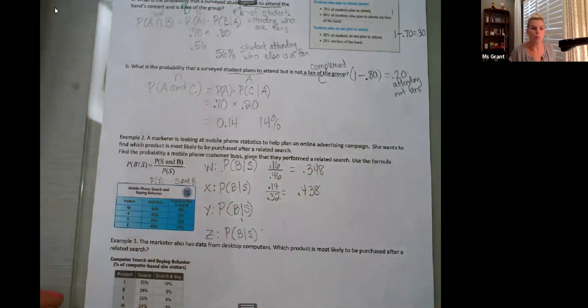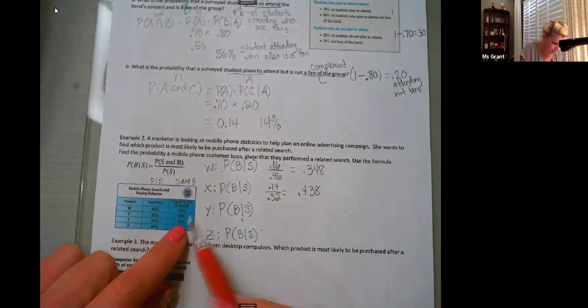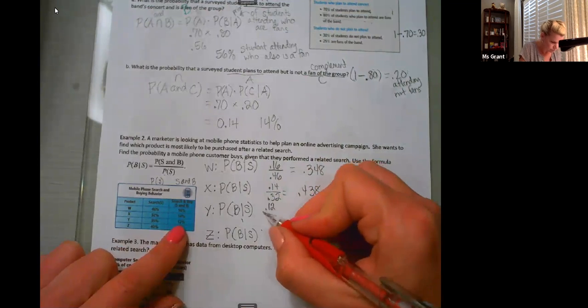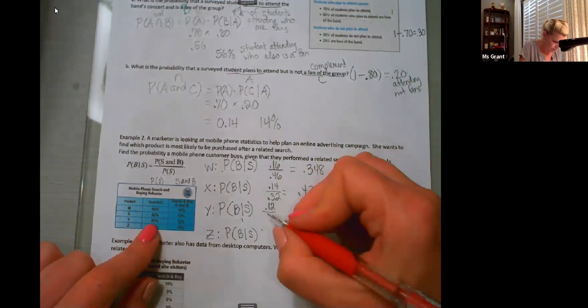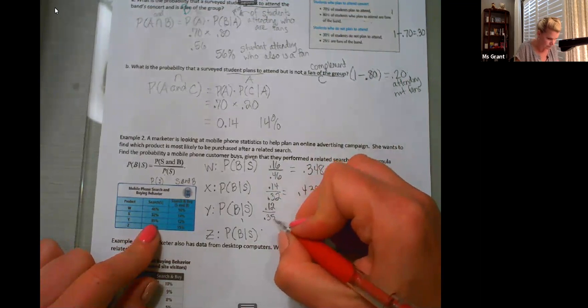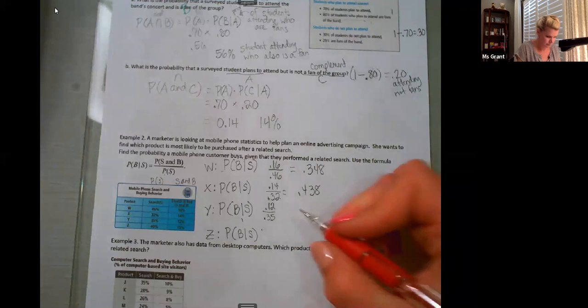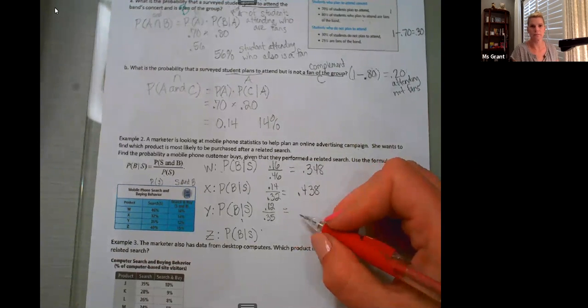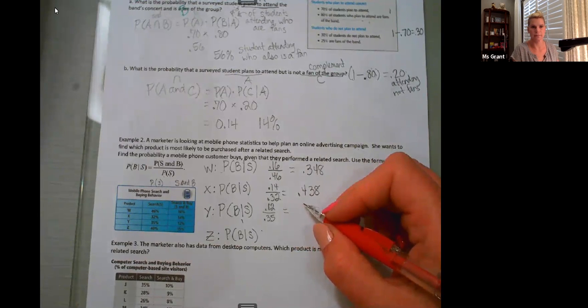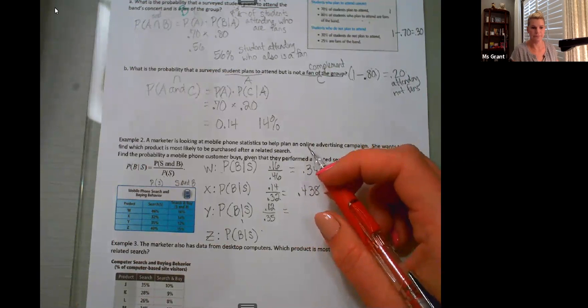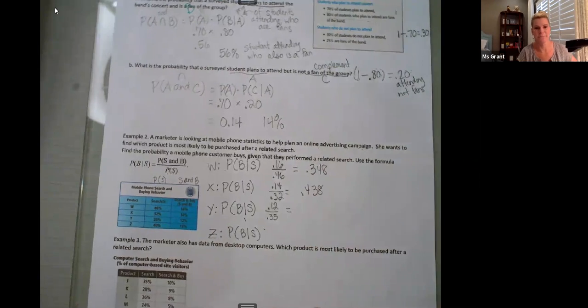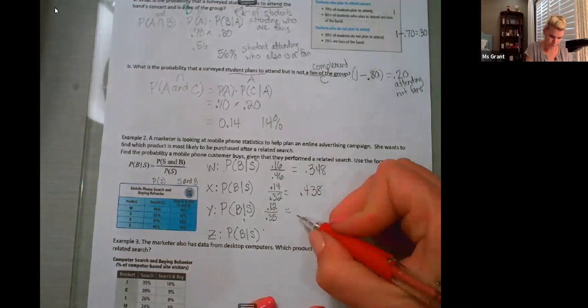Y, product Y. Search and buy, 12%. First did the search, 35%. This is a little lower. What's this decimal? Someone tell me. This one, someone tell me. 0.342.